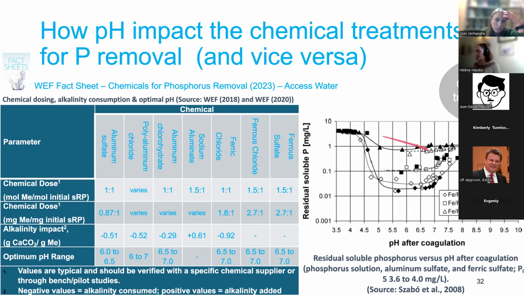And we can also see it on this graph that shows, depending on the pH after the coagulation, the residual soluble phosphate. And we have the lower phosphate residual for the pH around 6 to 7. So that's what was said also in this table. And then with lower pH or higher pH, the chemical treatment is less efficient.